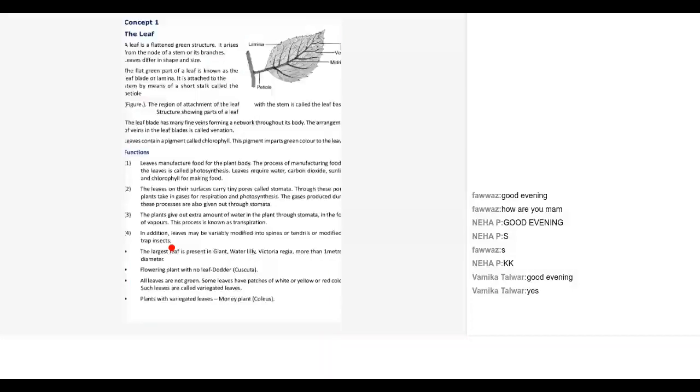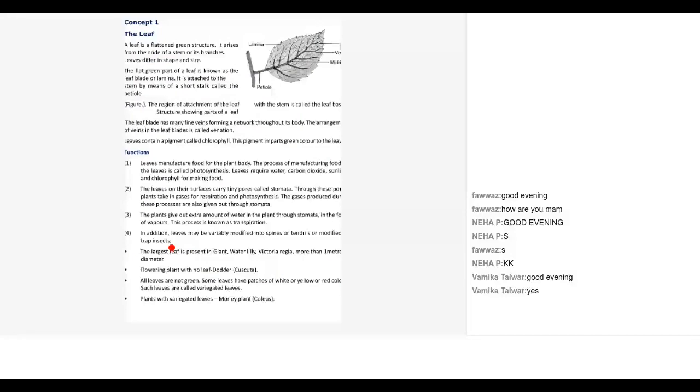Ma'am, a leaf is a flat, flattened green structure. It arises from the node of the stem or its branches. Leaves differ in shapes and sizes.